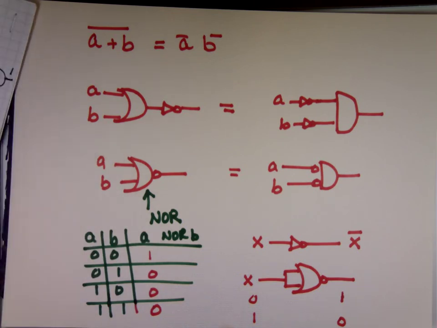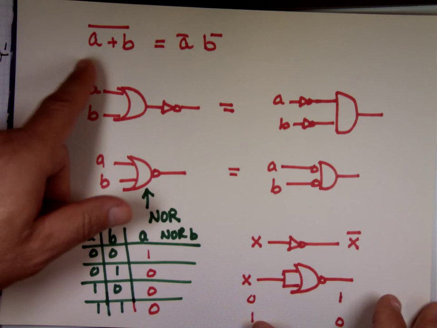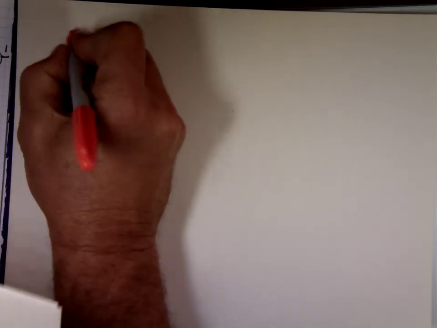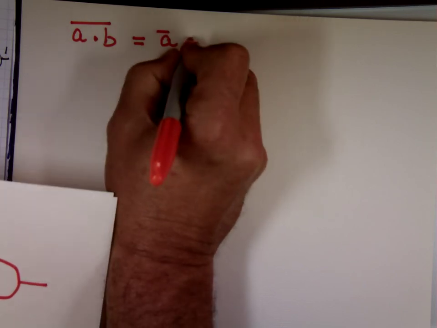Now, I'll come back to this again. Let's look at the other one, the other De Morgan's theorem. Almost done for now. If I have A and B naught, it says that's equal to A naught plus B naught.